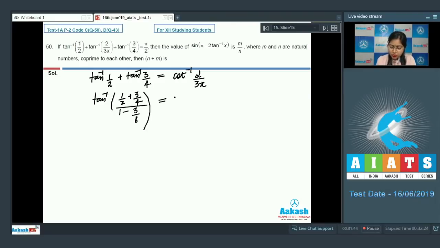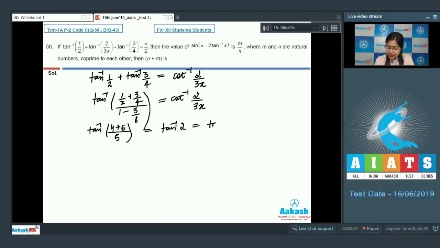Solving this, we will get 4 plus 6 divided by 5. So this is equal to tan inverse 2, which is equal to cot inverse 2 by 3x.